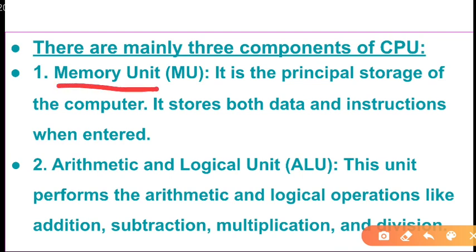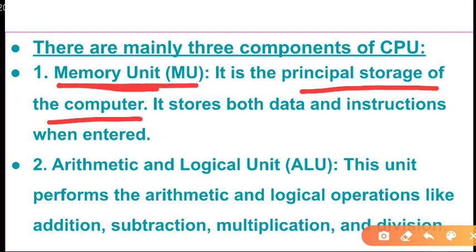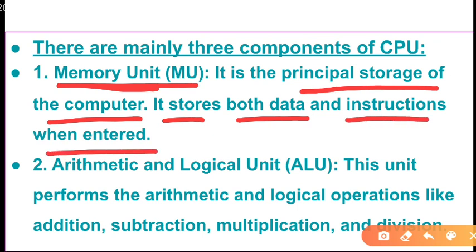The memory unit is the principal storage unit of the computer. All storage related devices are in contact with the memory unit of the CPU, and it stores both data and instructions when they are entered into the computer. So the CPU's memory unit is responsible for all the storage related functions.